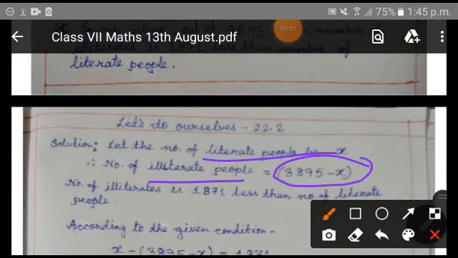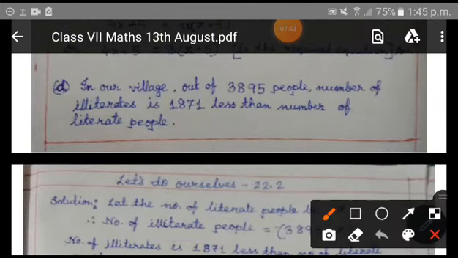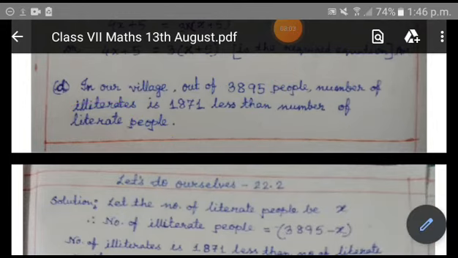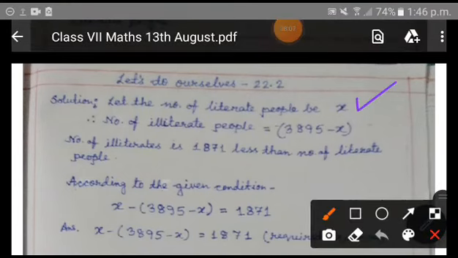Out of the total number of people, x are literate people, so the number of illiterate people will be 3895 minus x, as simple as that. From the total you are subtracting. So this is the number of literate people, this is the number of illiterate people.